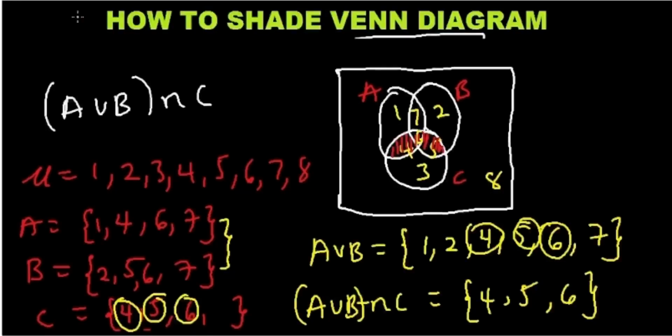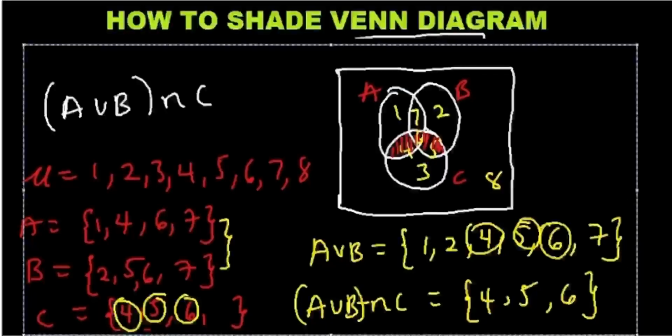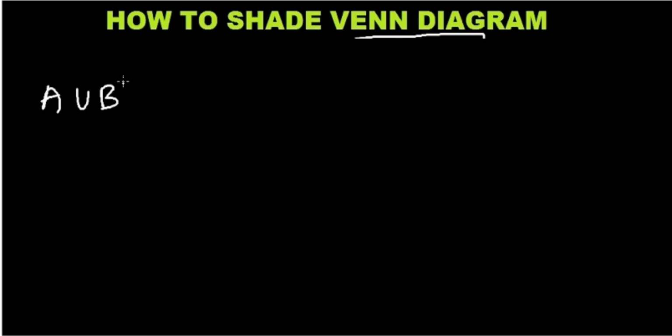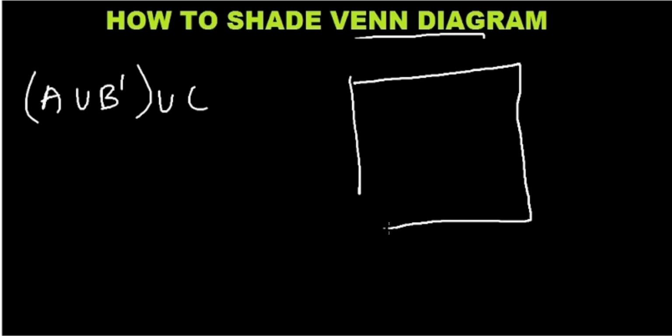Okay, let's see what if we have, clean this place so I can have enough space. Okay, suppose you are asked to find A union B intersect complement union C. Your diagram, properly number it.